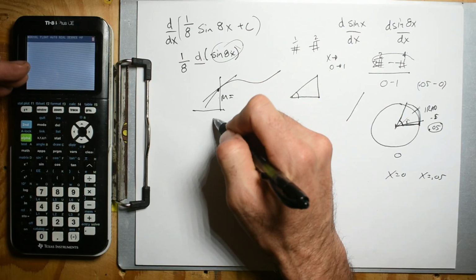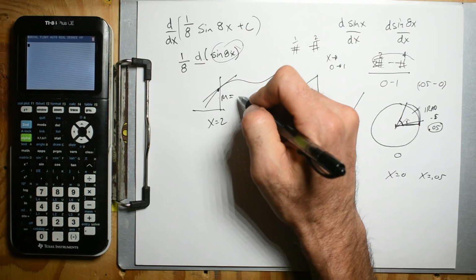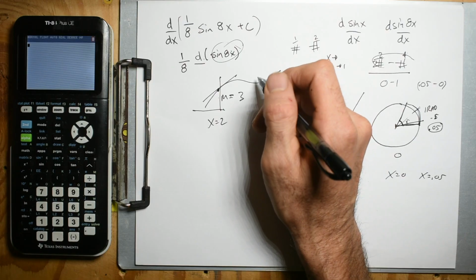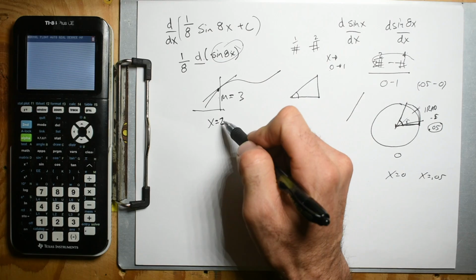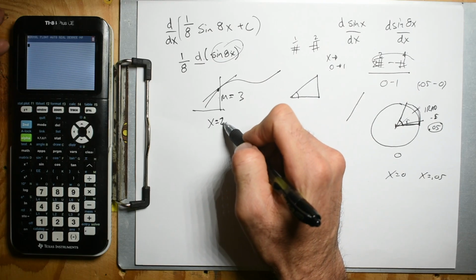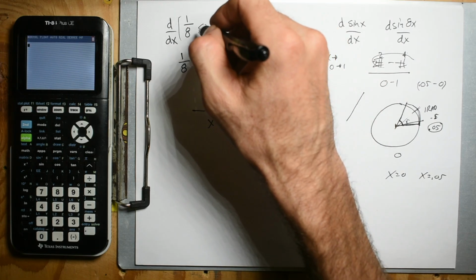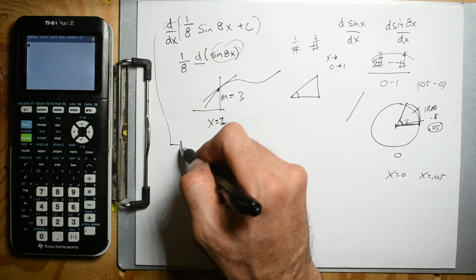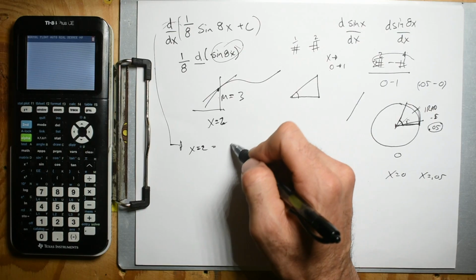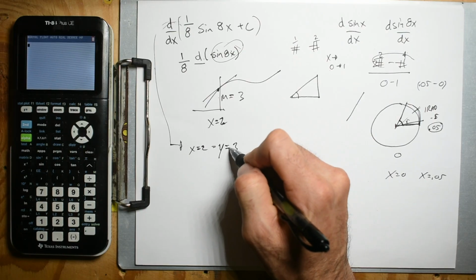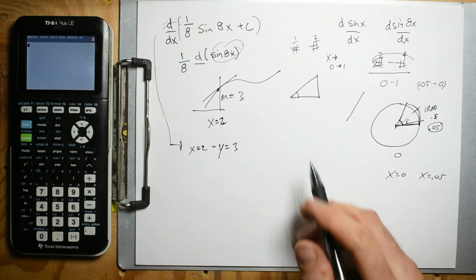So maybe I put in x equal to 2, and I get the slope is 3. I'm going to take this value of 2 and then put it into the equation after we take the derivative, x equal to 2. And that should give me y equals 3.